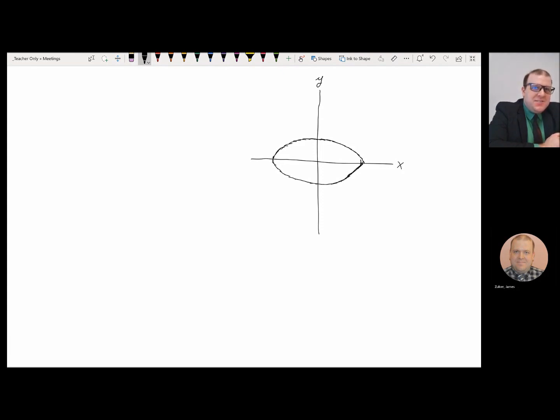Major axis. The axis on which the ellipse is longer, or its longest. In this case, the x-axis would be the major axis. The endpoint is called the semi-major.